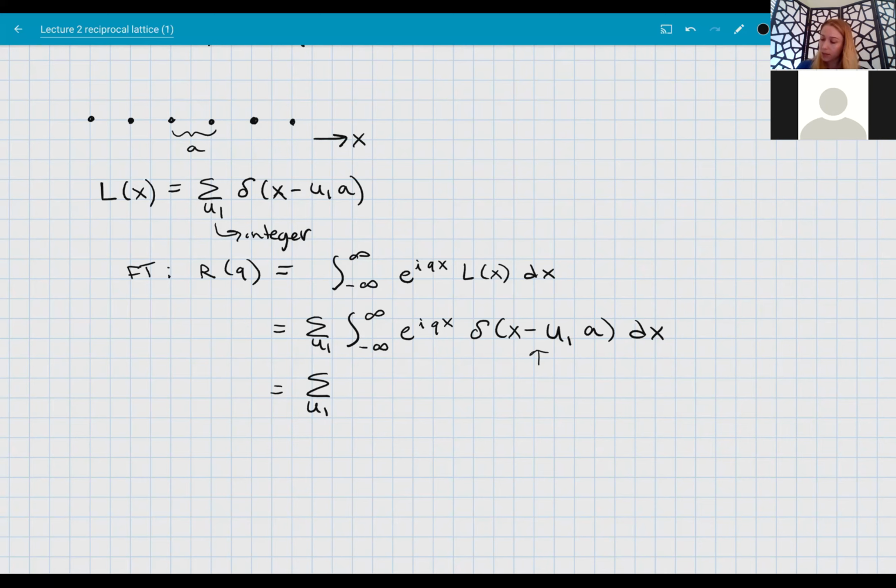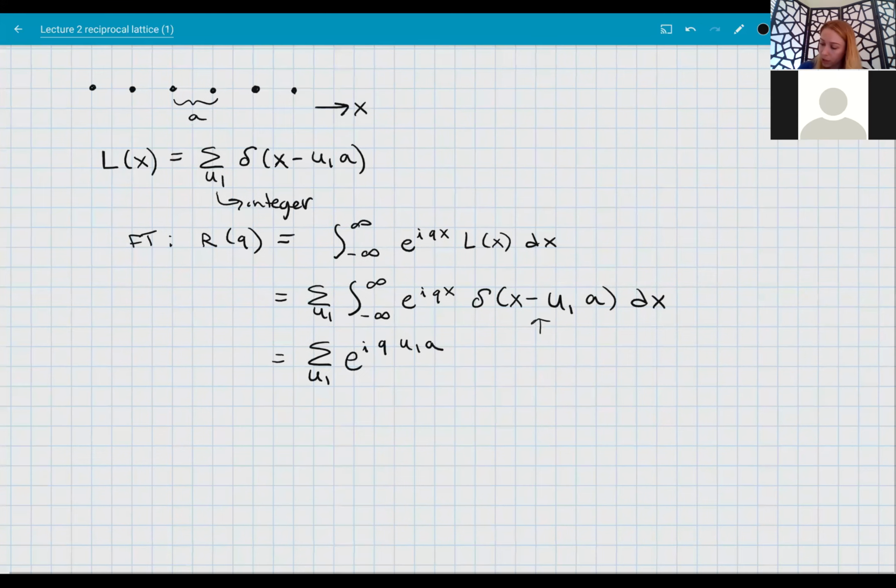Since we're integrating over infinite values of x, we're going to hit each of these delta functions, and we're going to end up with a sum of e to the I q, and then pick out every value of x where the argument of the delta function is 0. So that is u1 a, and then we can just write this as a sum over u1 of cosine q u1 a plus I sine q u1 a.